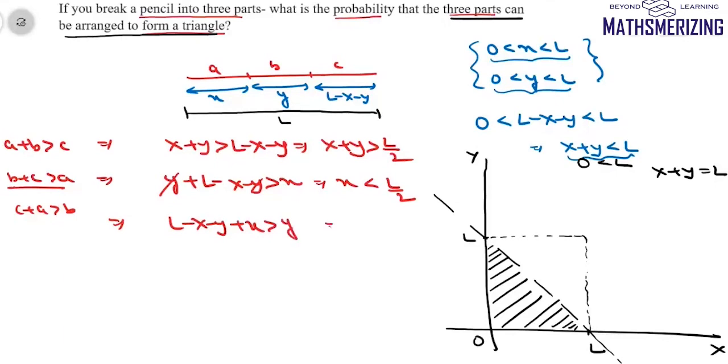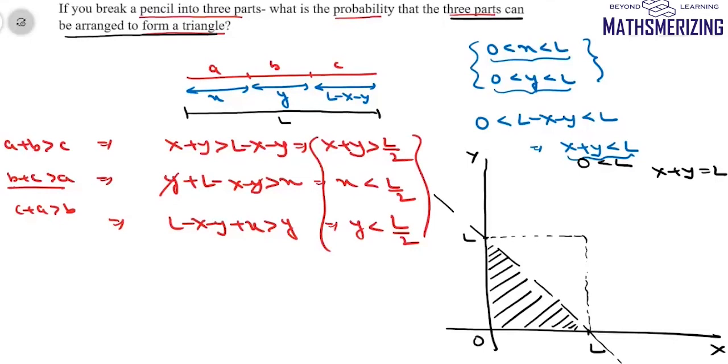So here I'll get y should be less than L by 2. So the condition that these 3 parts can be arranged to form a triangle is that x plus y should be greater than L by 2, x should be less than L by 2, and y should be less than L by 2. So I'll mark this region.